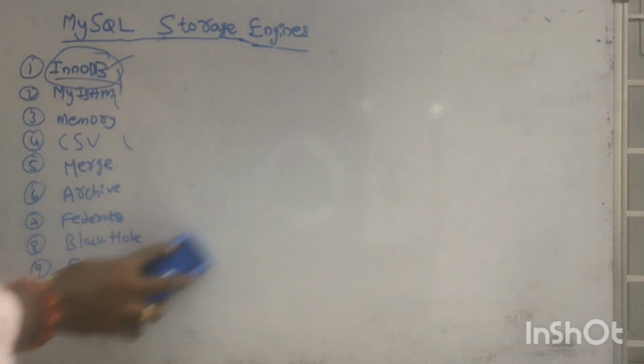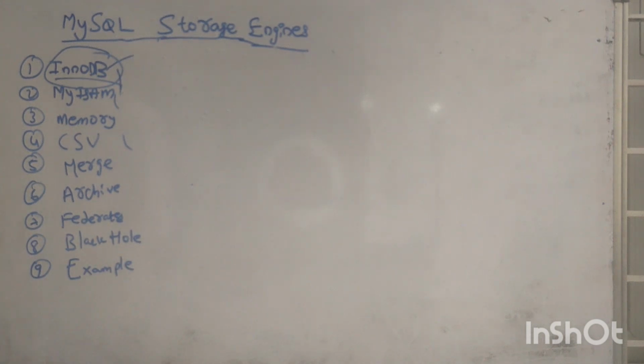So now let's go with the MyISAM storage engine. By default, until MySQL 5.5, MyISAM was the default storage engine. After 5.5 and in later versions up to 8.0, the default storage engine is InnoDB.